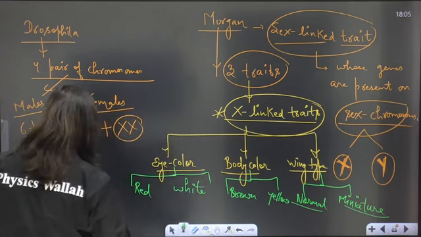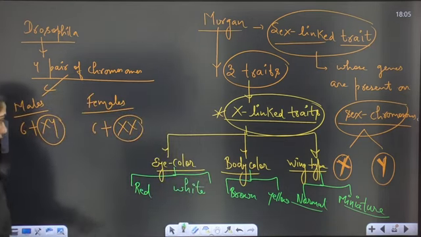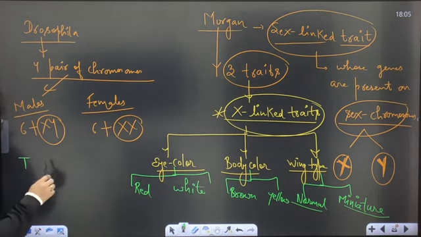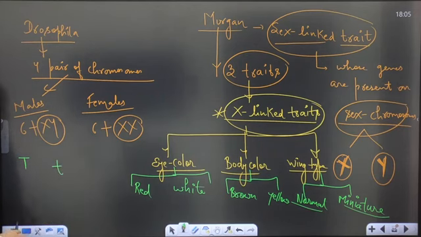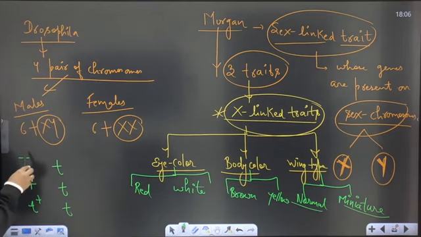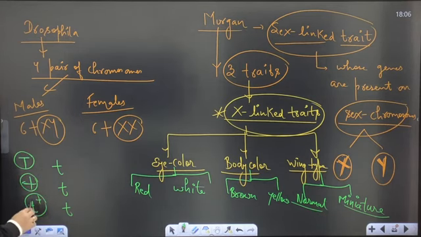Now, how can we denote the dominant and recessive alleles? We know that the dominant allele is represented by a capital letter and the recessive allele is represented by a small letter. But there are other ways also. Dominant allele can be simply written as plus, or it can be written as the small symbol with a plus over it.